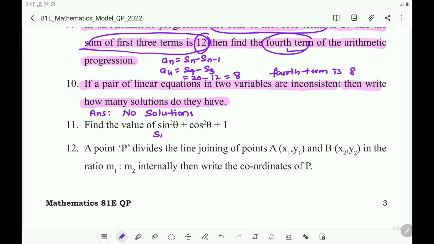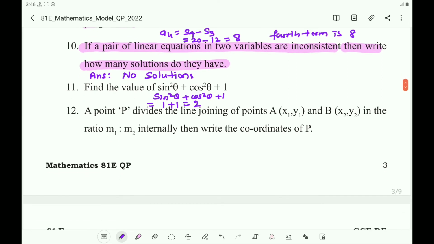You know the identity. What is the value of sin square theta plus cos square theta? Sin square theta plus cos square theta is 1, and this one, that is 1 plus 1 equals 2. Then what is the answer? Answer is 2. Next one.